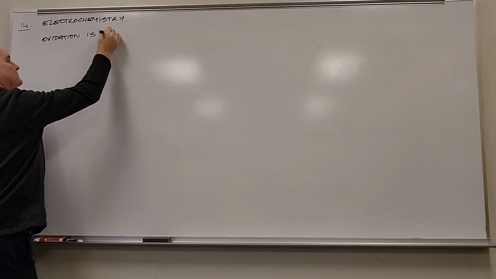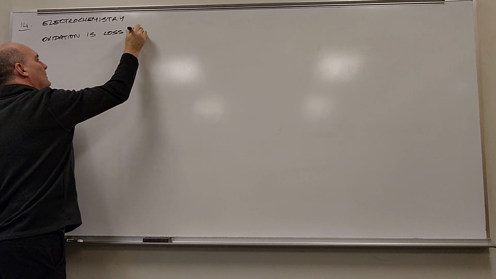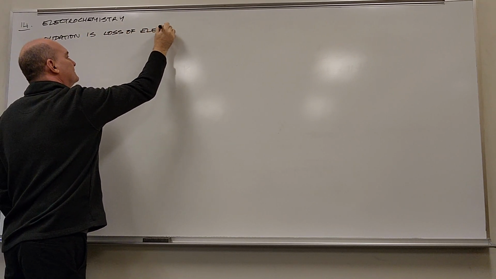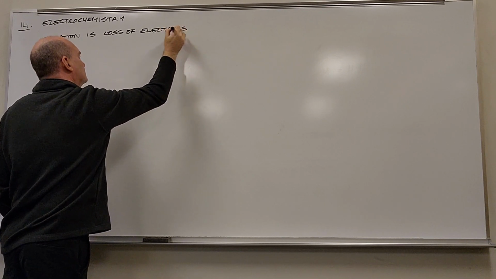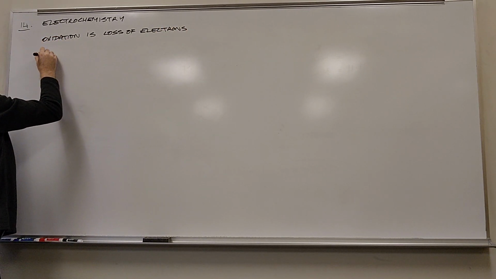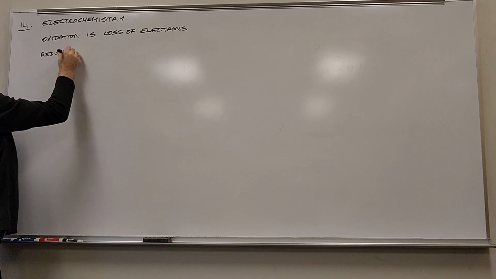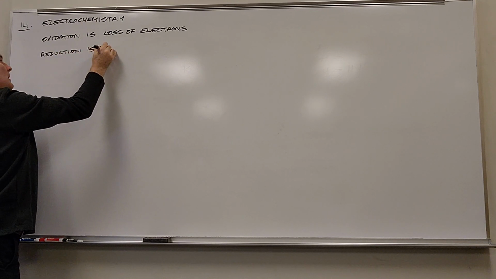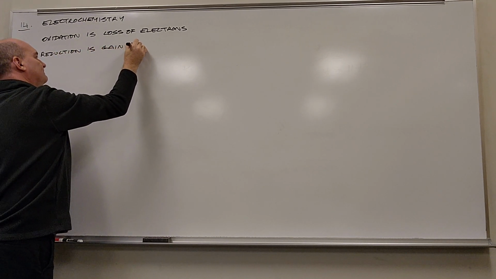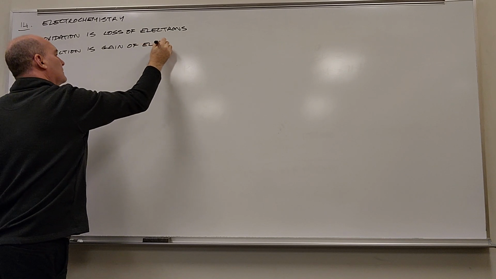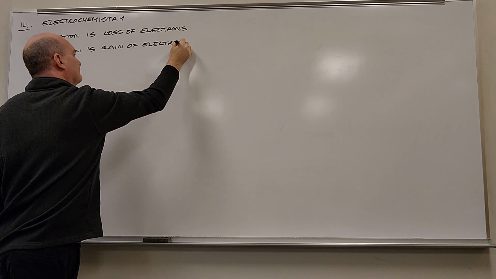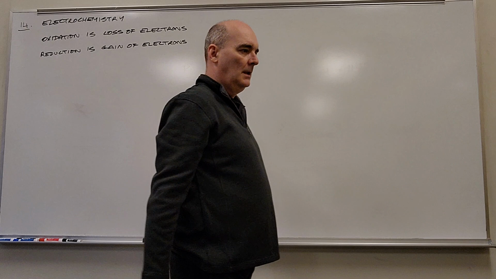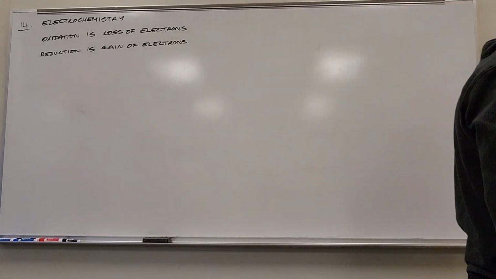Oxidation: loss of electrons. Reduction is the gain of electrons. Which side of the periodic table does which?